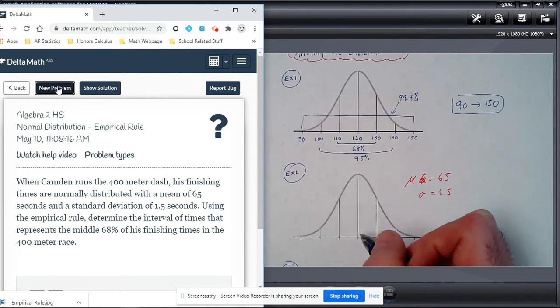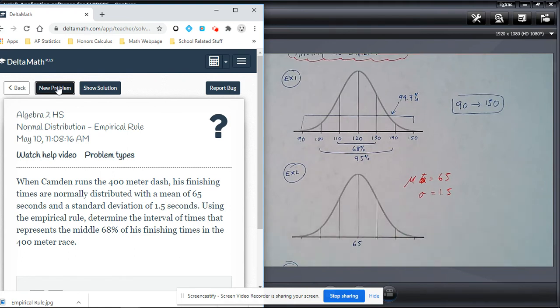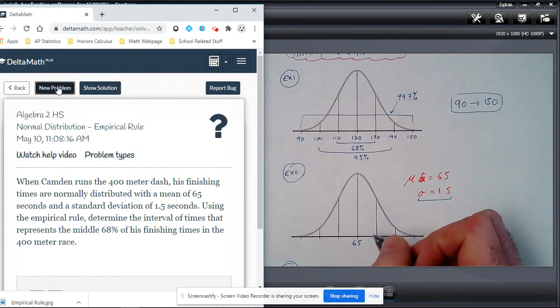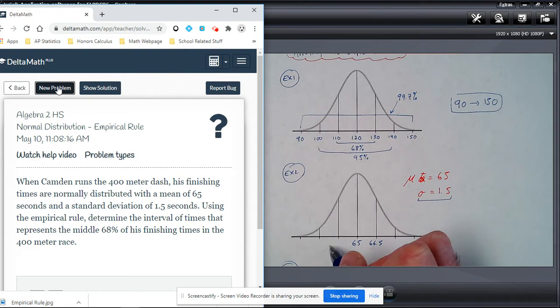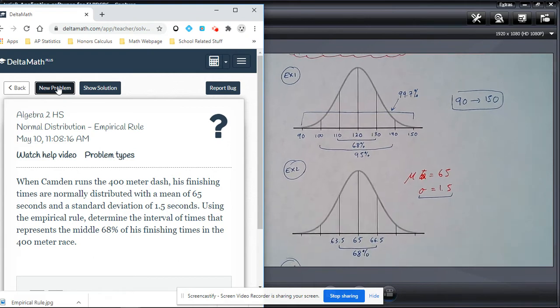Okay, well, again, the middle right here is going to be the mean, that's 65, and the standard deviation is 1.5. So that means this is going to be 66.5, and if I minus 1.5, I'll get 63.5. Now, because we're only after the middle 68%, remember when you're within one standard deviation, that's always going to be 68%.